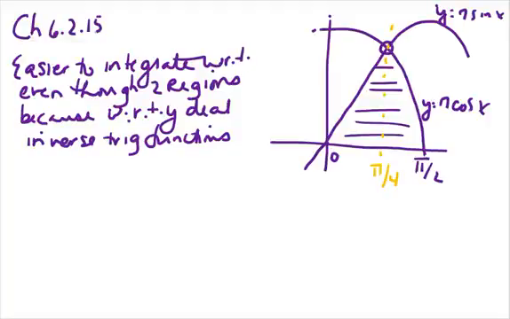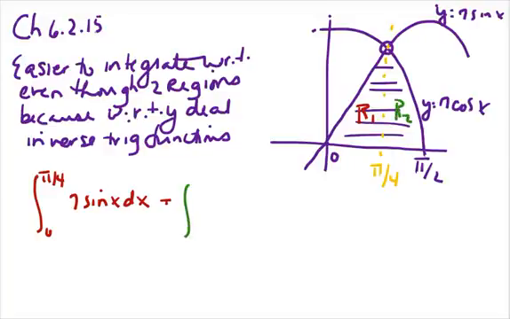We're going to integrate the first region, and I'll put that, region 1. We're going to go from 0 to pi over 4, and that's the sine function, so it's 7 sine x dx. And we're going to add to that region 2, I'll go green.